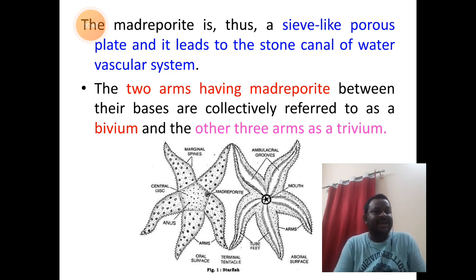Are you able to understand? So, into the water vascular system. Madreporite acts as a part where the water gets filtered and enters into the stone canal region of the water vascular system. So, that's the importance of the Madreporite structure here.